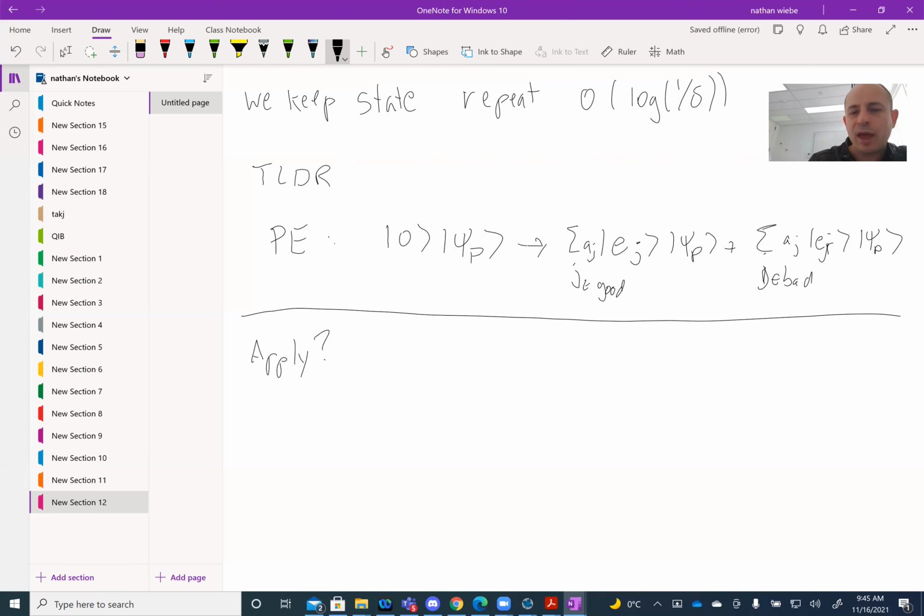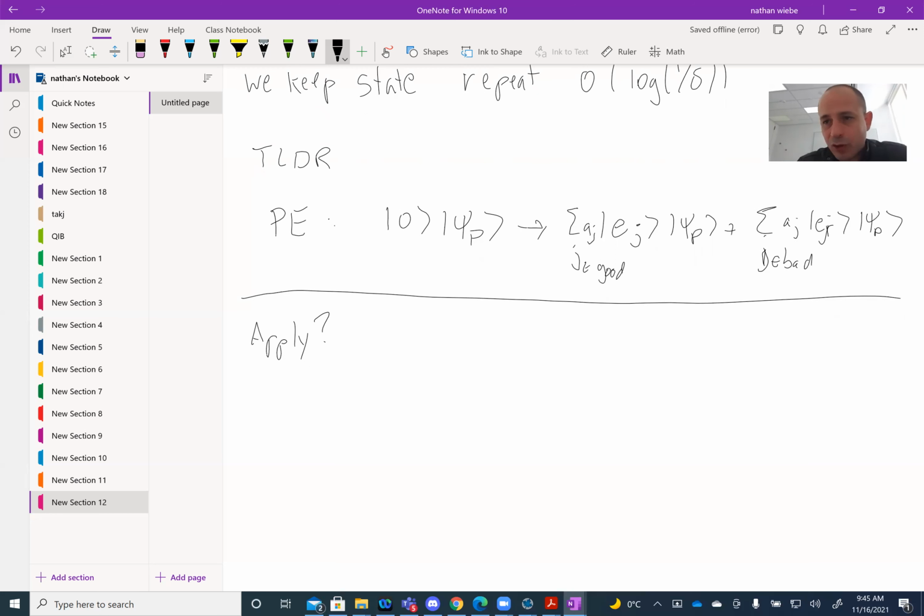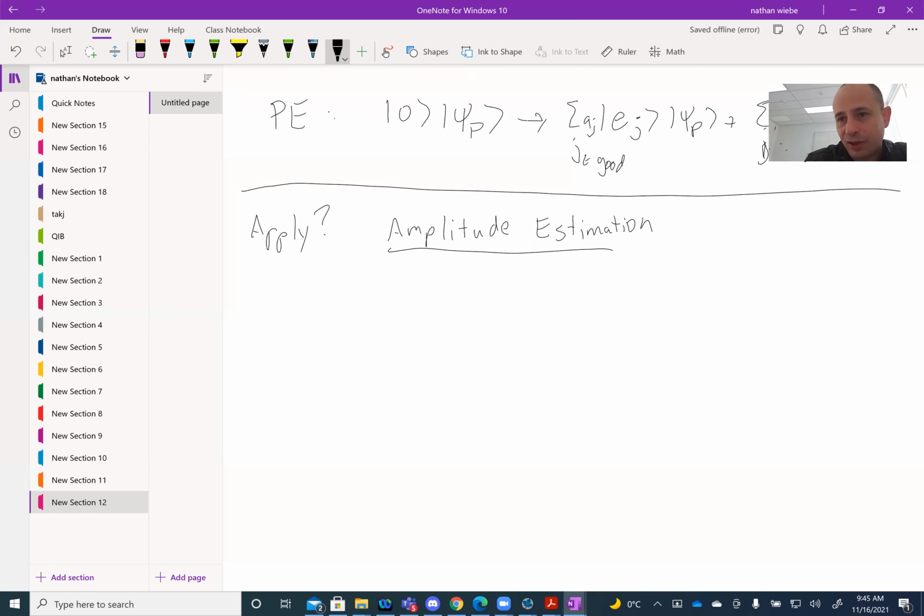The easiest application for all of this, and arguably the most useful one, is amplitude estimation. Now, amplitude estimation is a quantum analog of the following classical statistics problem: estimating the bias of a weighted coin.